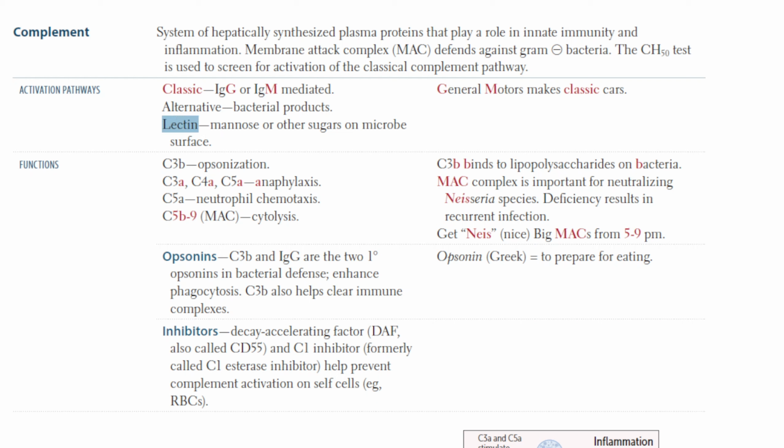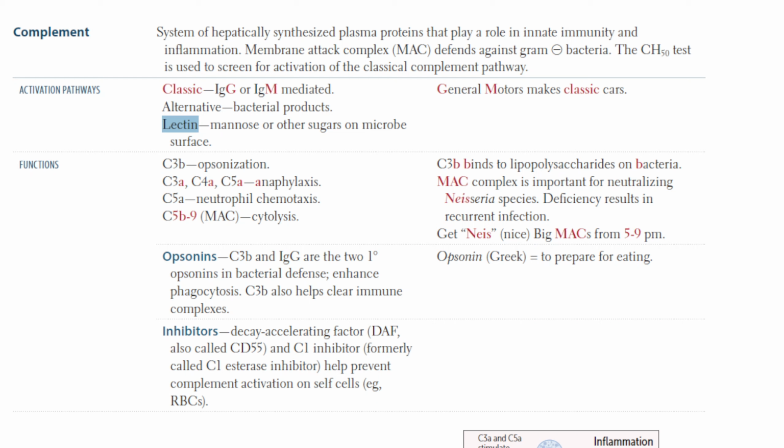The lectin pathway essentially gives us defense against microbial infections by recognizing or binding to a specific carbohydrate on the microbe. The lectin pathway is one of the three pathways that activate the complement system.